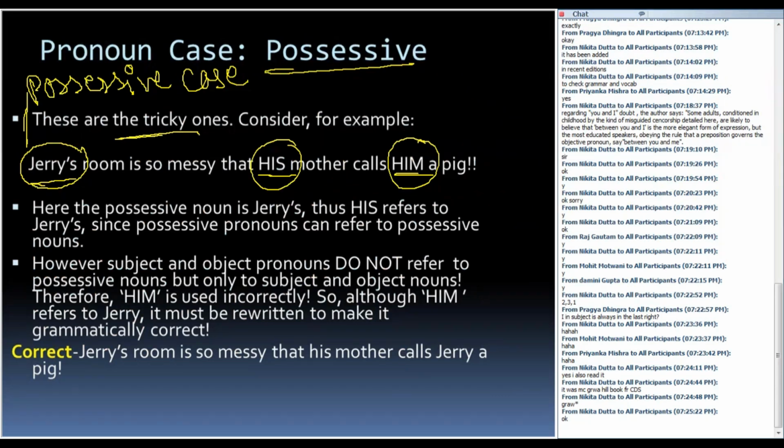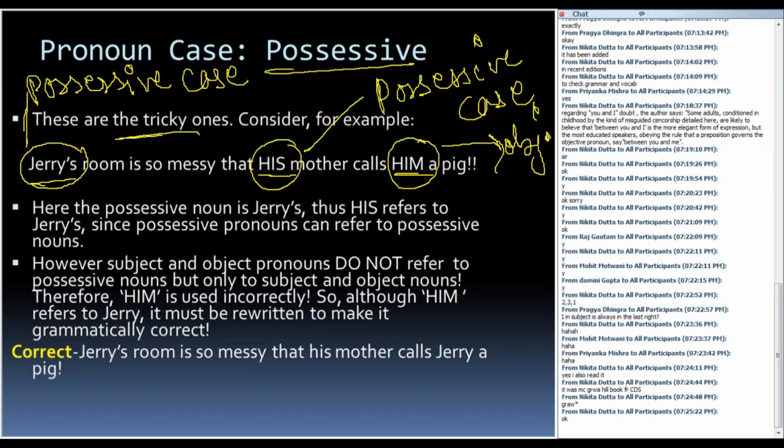So if the noun is in the possessive case, the pronoun also should be in the possessive case. The pronoun his is in the possessive case. The problem is with the pronoun him. It is not in the possessive case. It is in the objective case. Are you getting this?